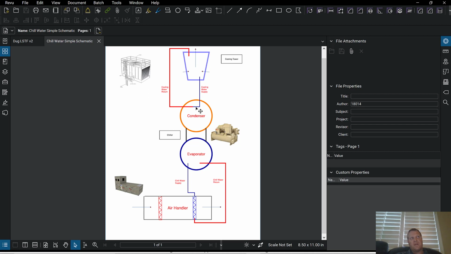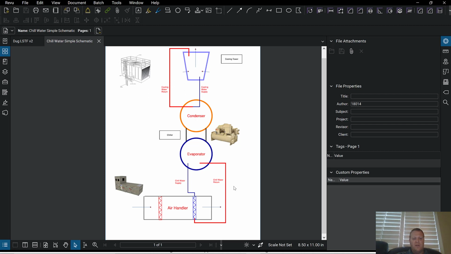Let me think about that for a second. Yeah, this is going to pull heat out of the compressed refrigerant gas and allow that compressed refrigerant gas to make that phase change. So it's going to pull that heat out so that it can make that phase change to a refrigerant liquid and then come back over to the evaporator side as a high pressure liquid refrigerant. So we've just got that whole cycle.